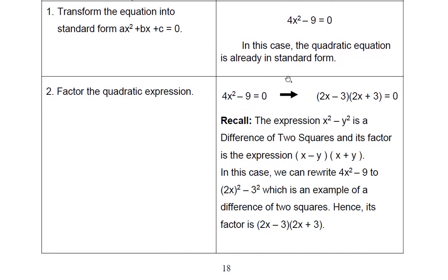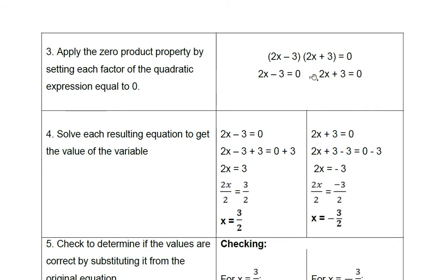So meron na tayong factor, then after is we'll use the zero product property. So paghihiwalay natin, we're going to equate to 0. So 2x minus 3 equals 0 and 2x plus 3 equals 0. So find the value of x.